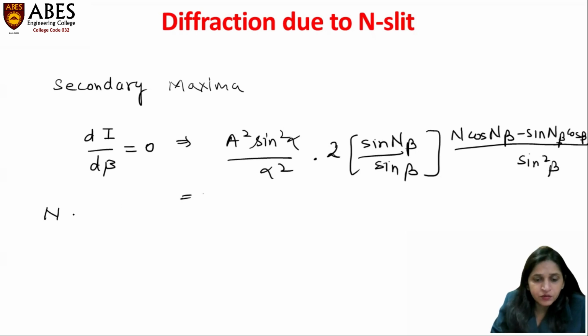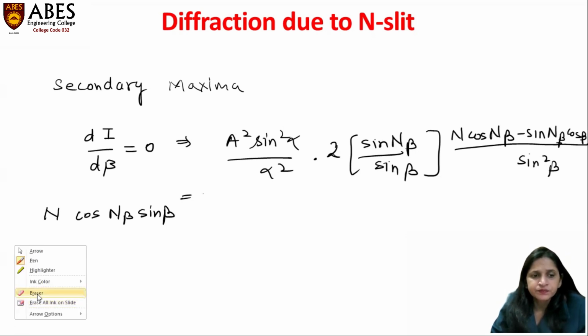So what will be equals to 0? N cos n beta sine beta is equals to... or let us start with minus only. That will make you all more clear.